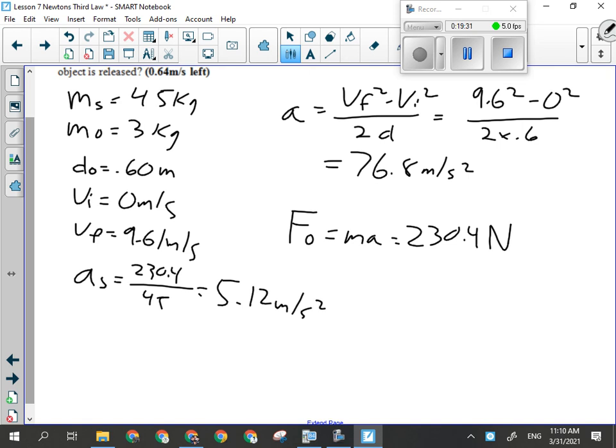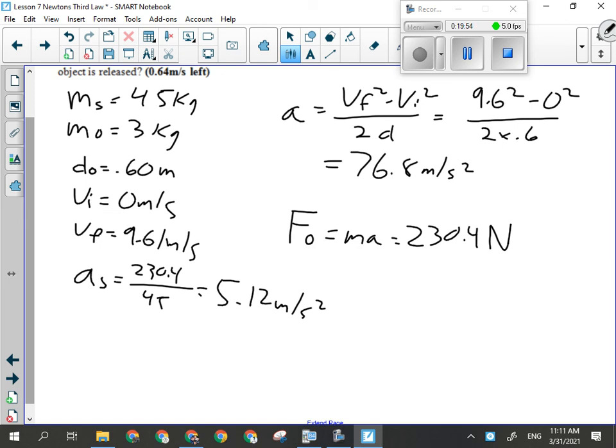Now I have the acceleration of the student, and I have the initial velocity of the student. They were at rest. I don't have anything else, because the student would not necessarily have accelerated over the same distance as the object.